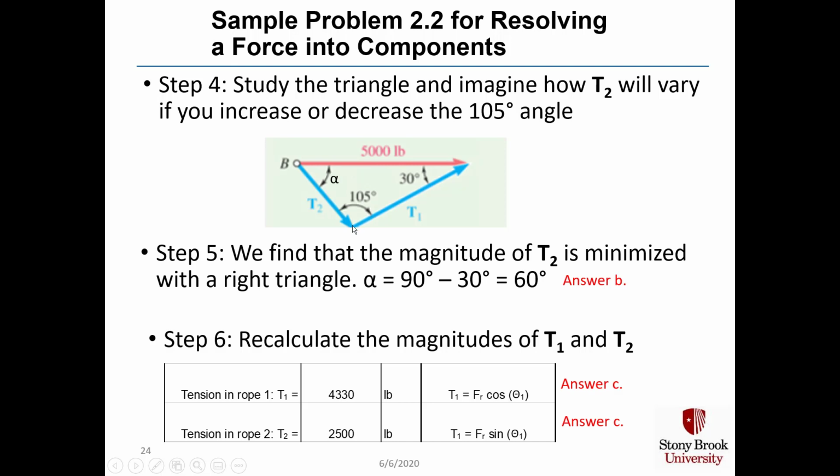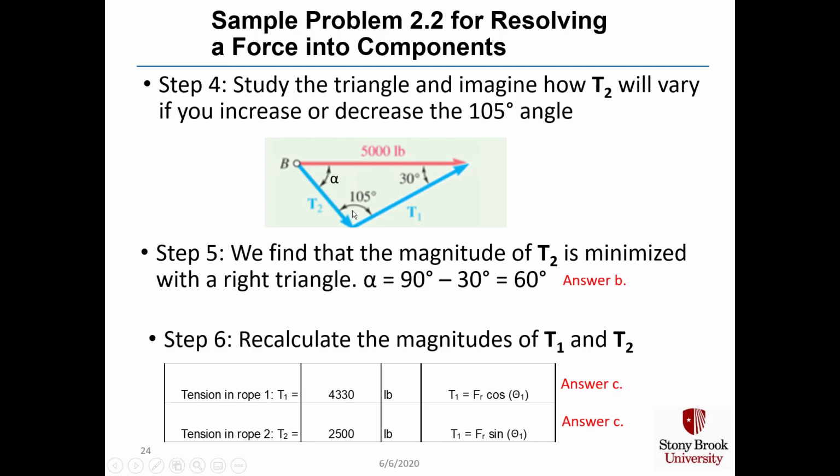If we increase that angle, that means alpha has to get smaller, so that T2 starts rotating in the clockwise direction, and it's going to have to get longer in order to meet T1, which means T1 is going to get shorter, T2 is going to have to get longer.